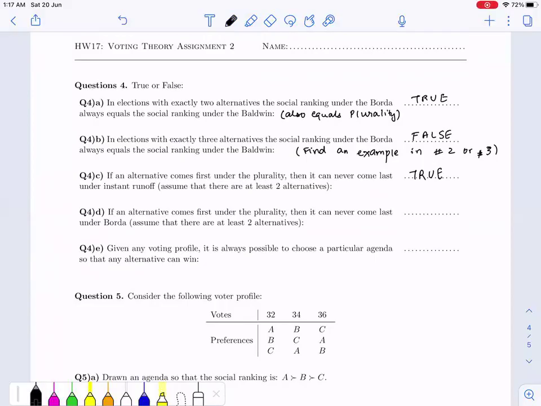And the one that's eliminated in the first round comes in last in instant runoff. So this is true. If an alternative comes first under plurality, then it can never come last under instant runoff. Because they would not be eliminated after the first round.